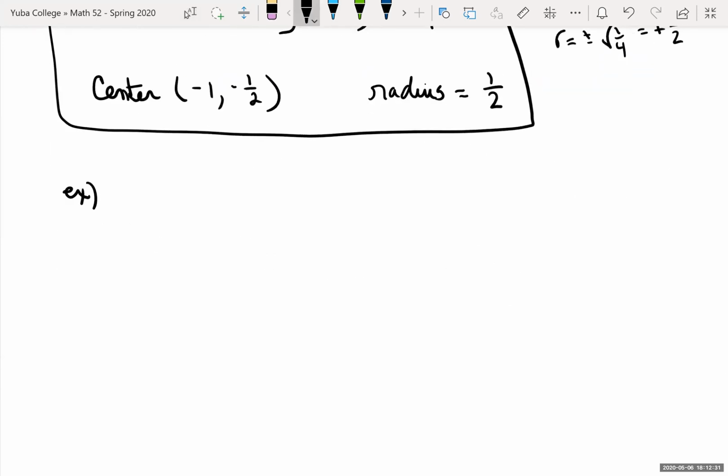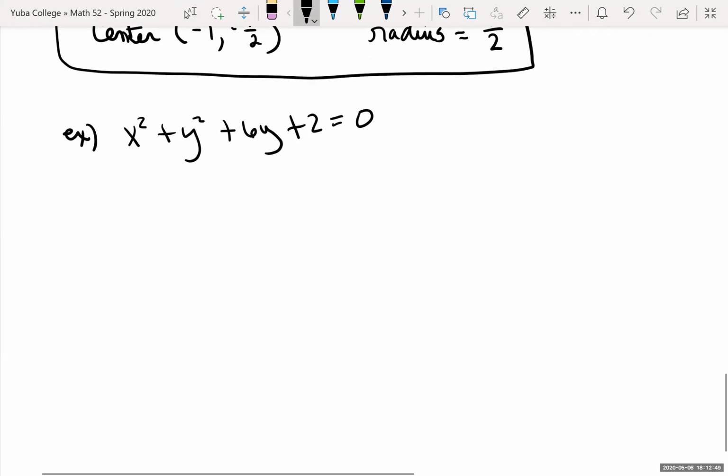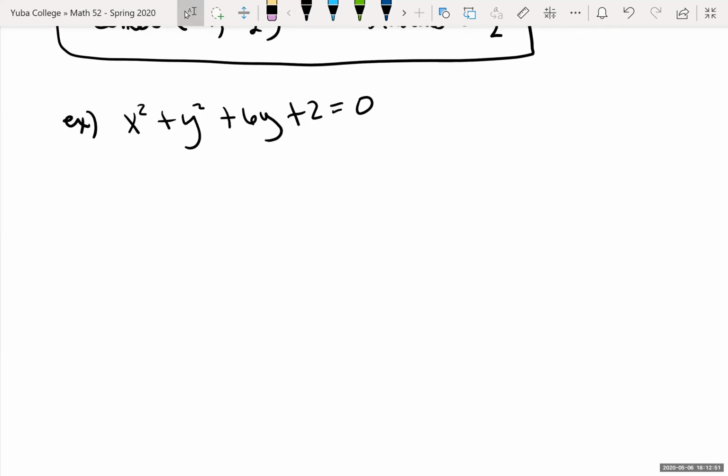So you had x squared plus y squared plus 6y plus 2 equals 0. So again, let's put this in standard form to figure out what the center is and the radius. So notice on the left-hand side, there's only one term with x.